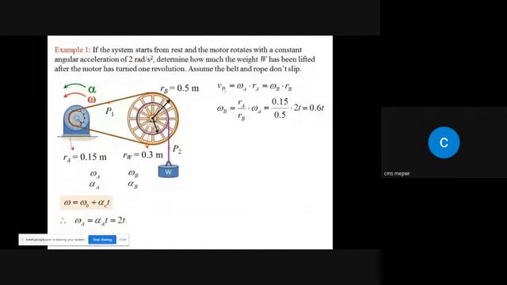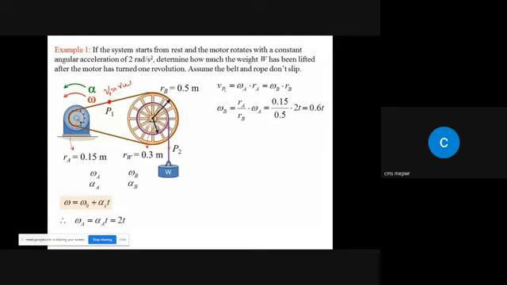Now let us consider any point on this rope or on this belt. Let's say we have some random point P. Now this point P is having linear motion, right? So the velocity of this point can be found by using the equation v is equal to r omega, or v is equal to omega r, right? So Vp is equal to r omega.